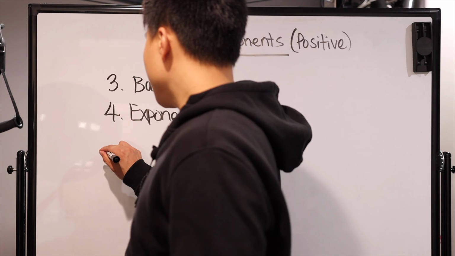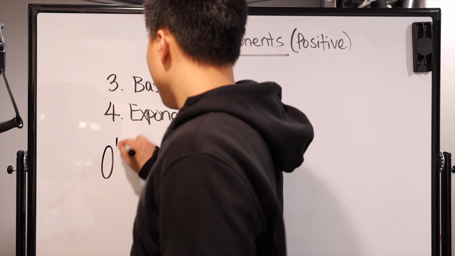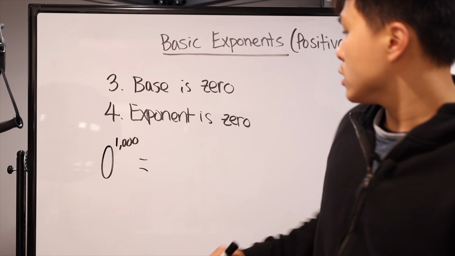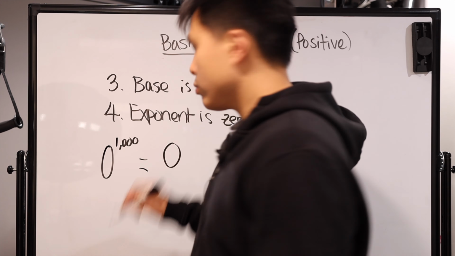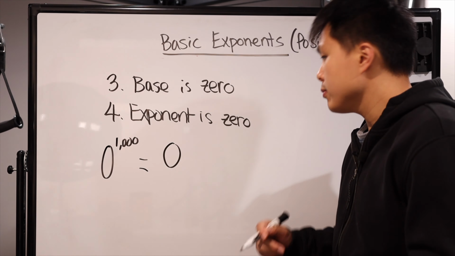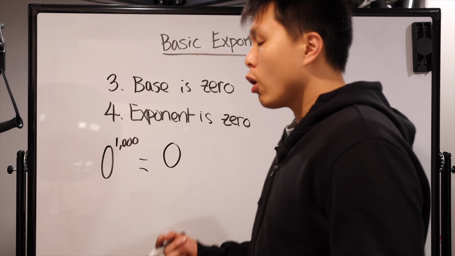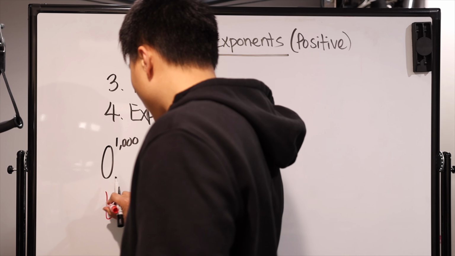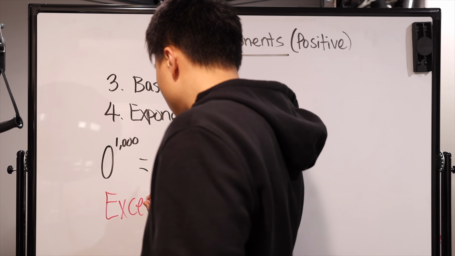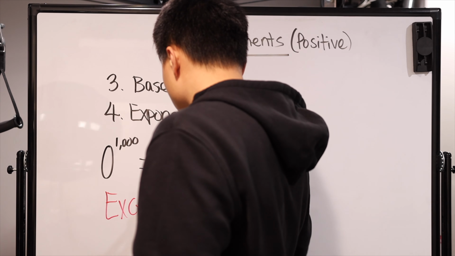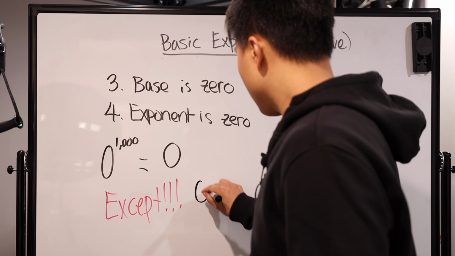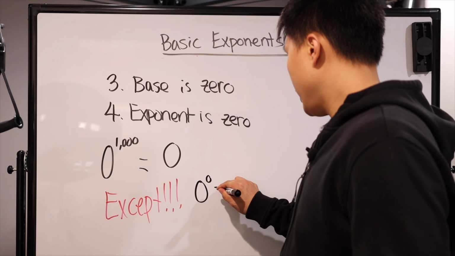So I can say 0 to the 1,000th power, basically 0 multiplies itself 1,000 times. It's always going to be 0. It could be 121 times. It's still going to be 0. The answer is always 0 except for one situation. Let's just write it here, except, and my red marker is going to die, except for 0 to the 0 power. That is undefined.